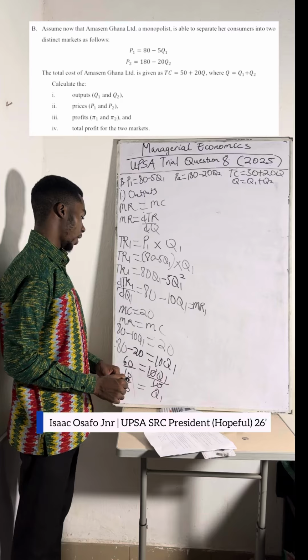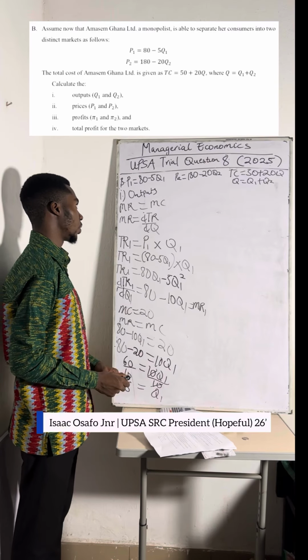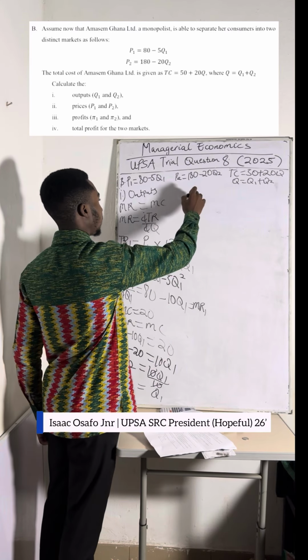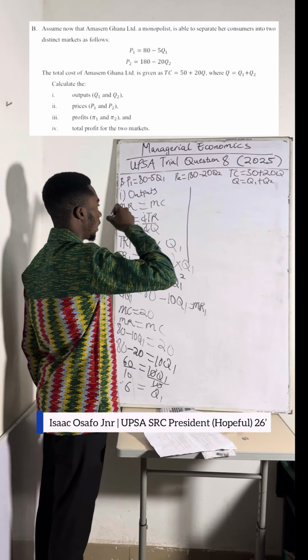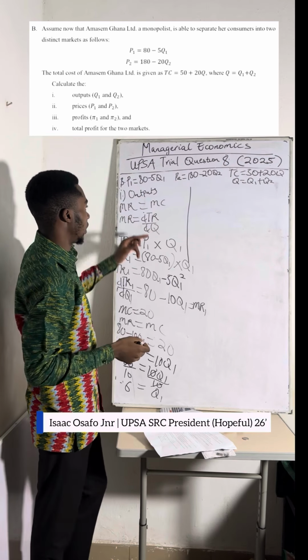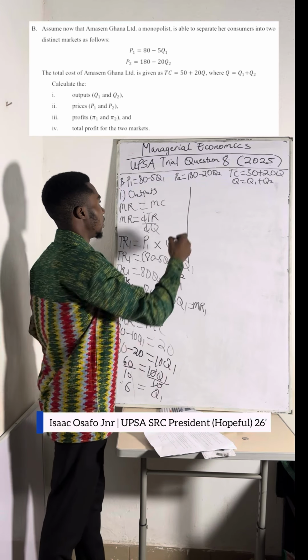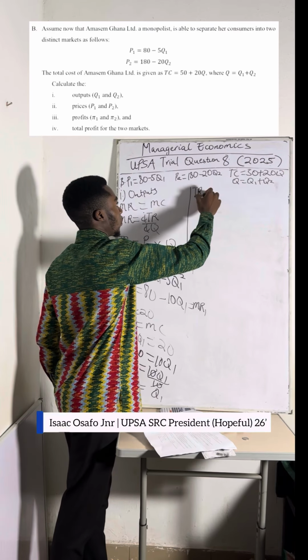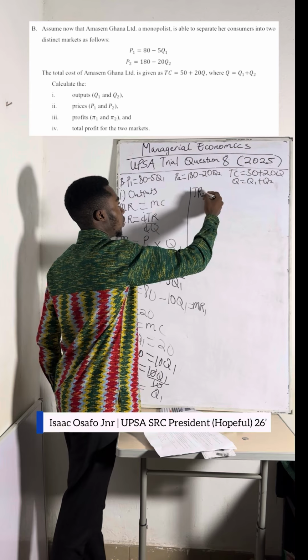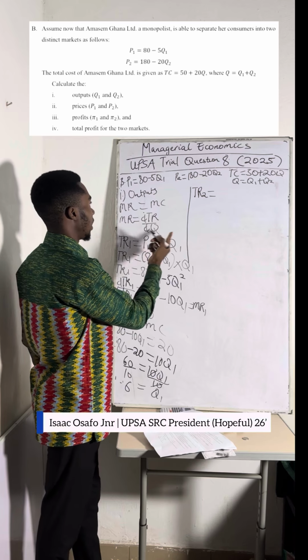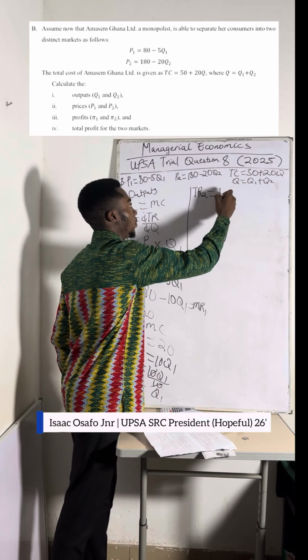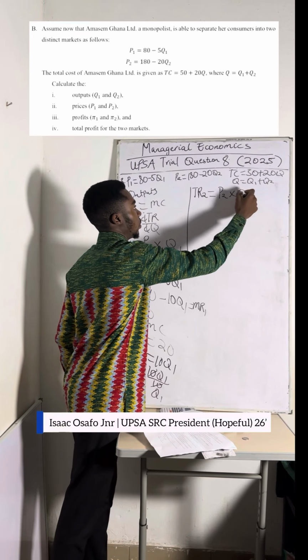Now we also have to find Q2, which is our second output. So for that one as well, let me do it here. We know that our marginal revenue is dTR over dQ. So we have to find TR2. TR1 was P1 times Q1, so TR2 will be P2 times Q2.